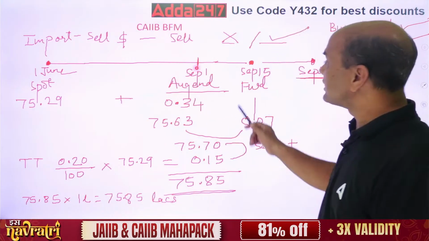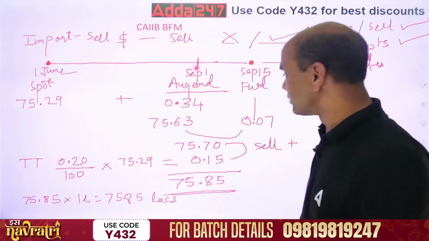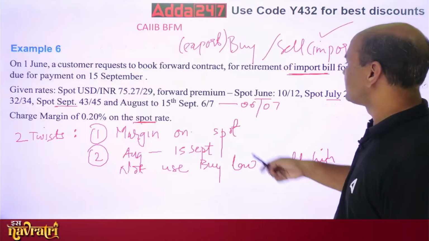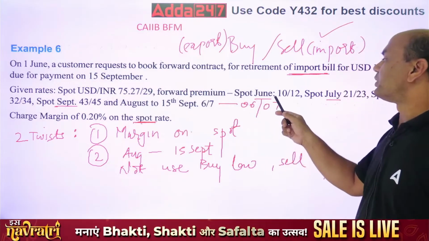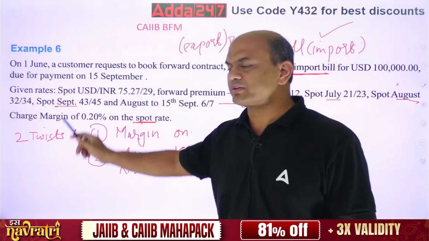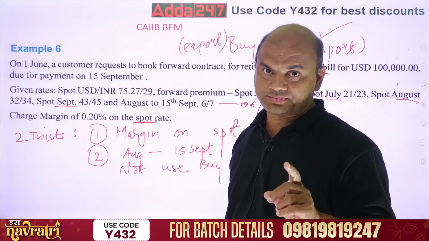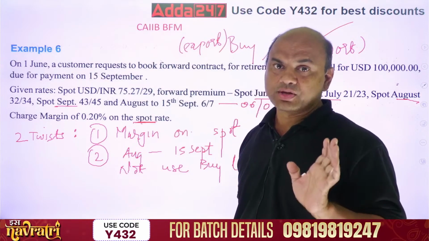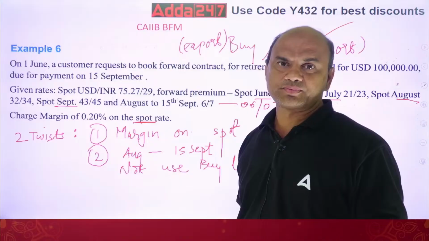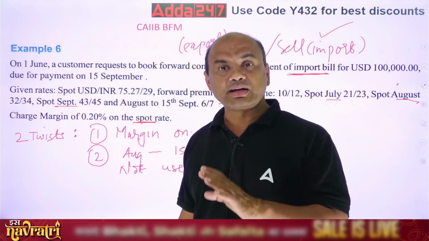Now, what is the rate for September start? Now, one thing you note, if you look at the rates given over here, spot of June is given, July is given, August is given, and September is given. So, I want now September 1 rate. So, kindly note one point.